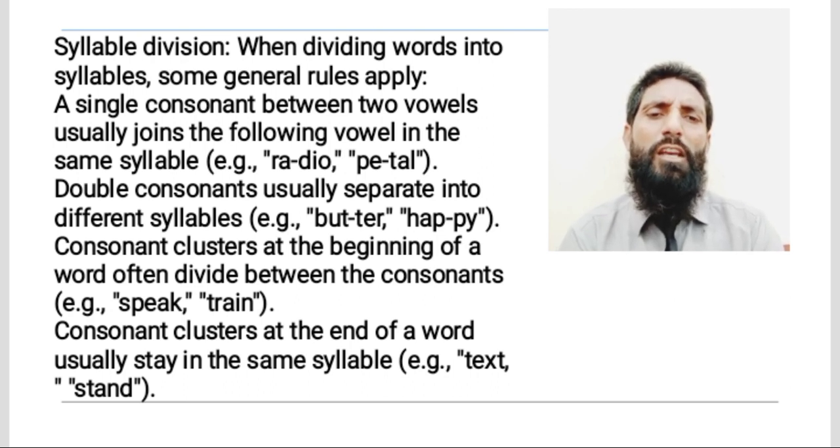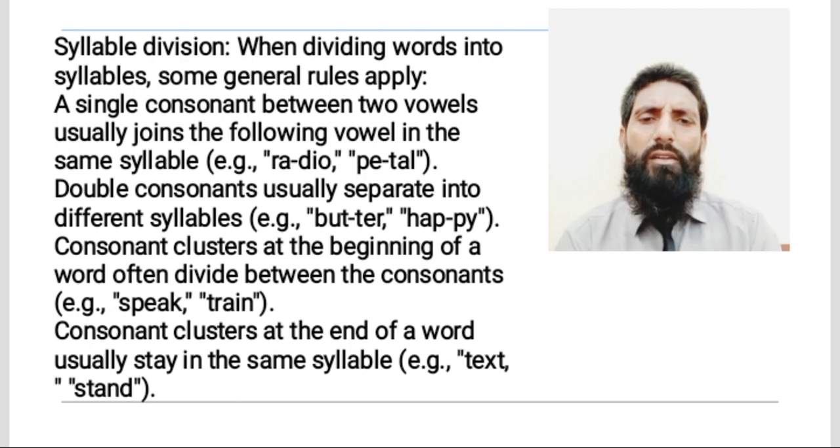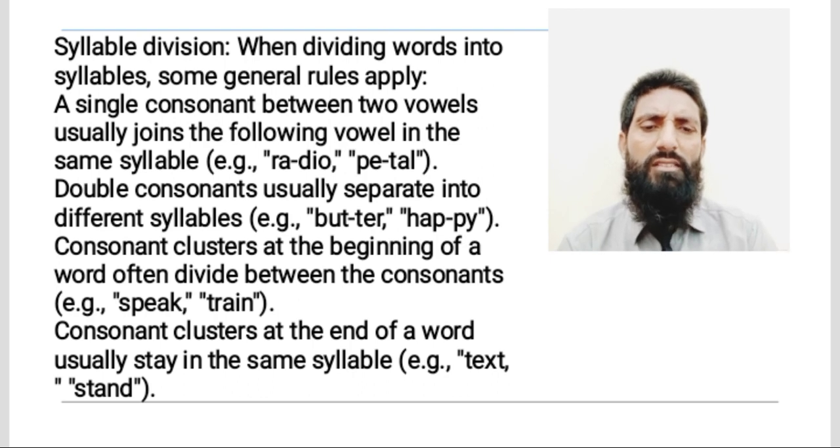Same is the case with happy: P is a consonant and it is also repeated. Consonant clusters at the beginning of a word often divide between the consonants, for example speak and train. Consonant clusters at the end of a word usually stay in the same syllable, for example text and stand.